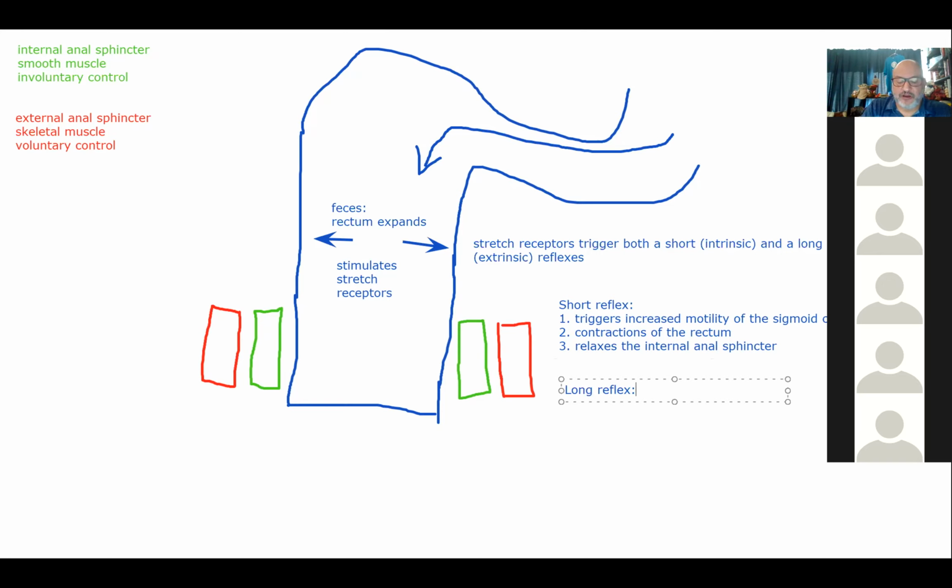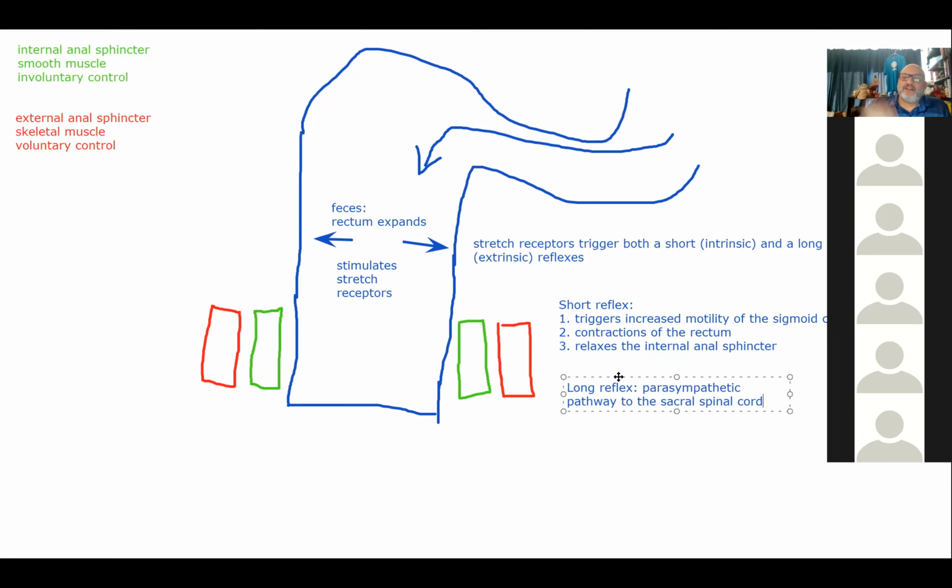In particular, this is a parasympathetic pathway to the sacral spinal cord. So this is a parasympathetic reflex that takes place in the sacral region of the spinal cord.